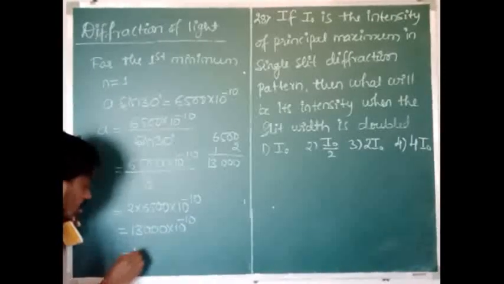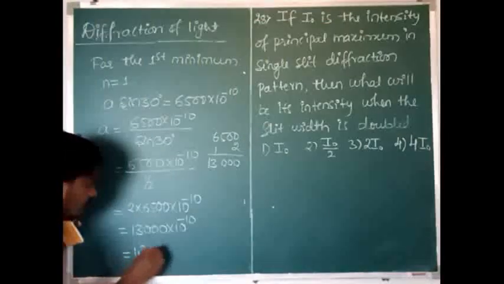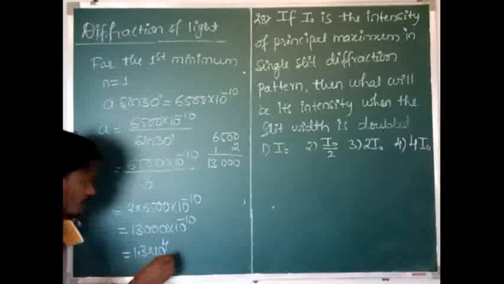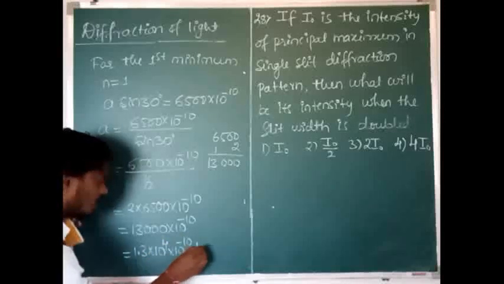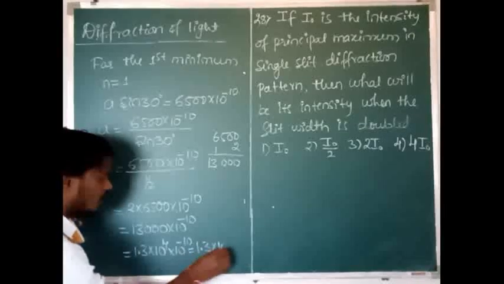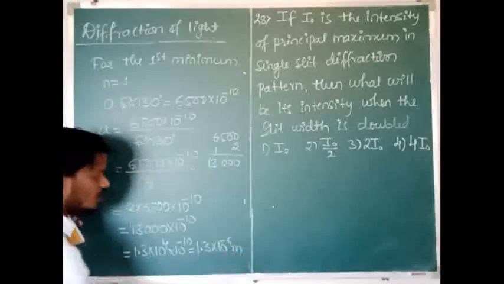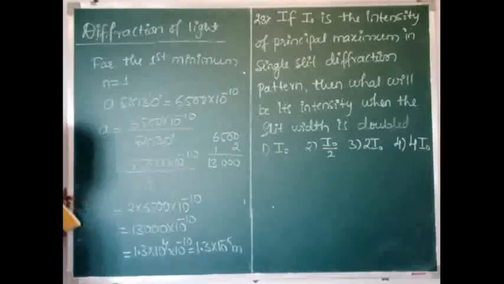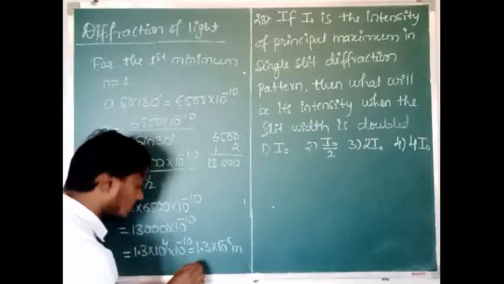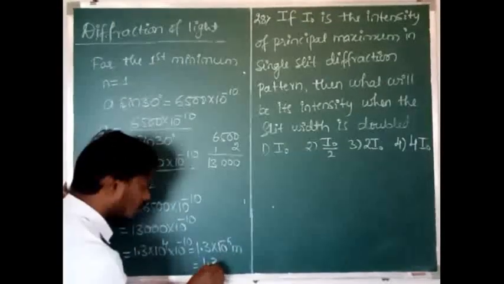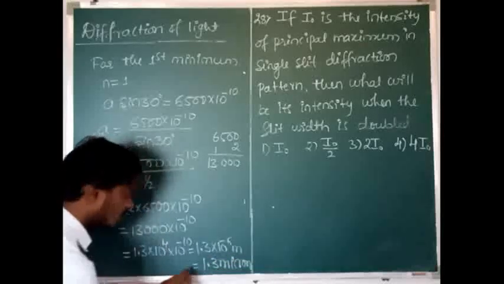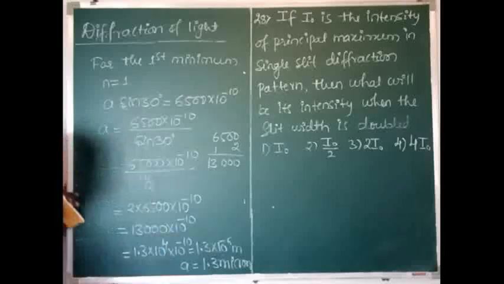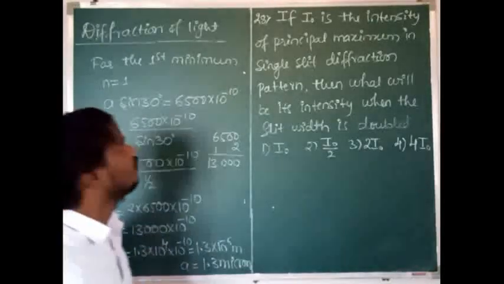That is 1.3 into 10 to the power of plus 4 into 10 to the power of minus 10. It is 1.3 into 10 to the power of minus 6 meter. 10 to the power of minus 6 meter means a micron. So the answer is 1.3 micron. It is the width of this slit, that is A. Okay. Next question.